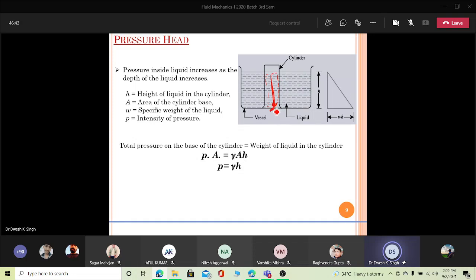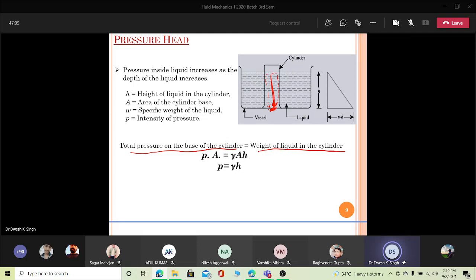The other force is the weight. The fluid is exerting some pressure, which means the pressure force on the base of the cylinder will be equal to the weight of the fluid. These two forces balance to maintain the static condition.